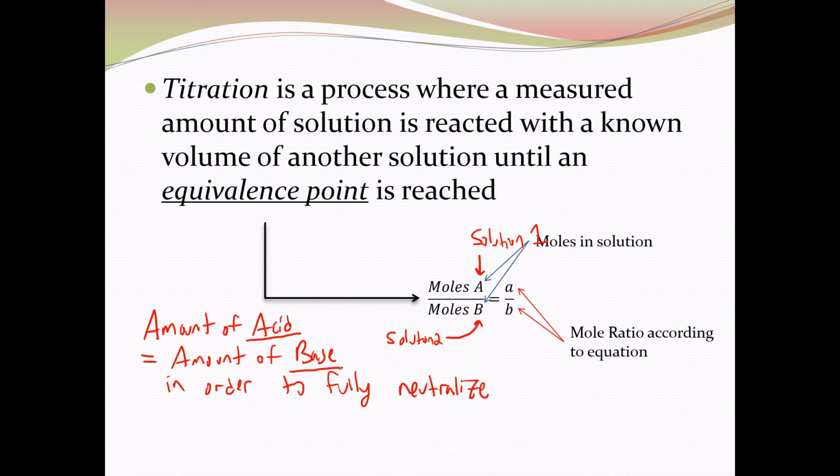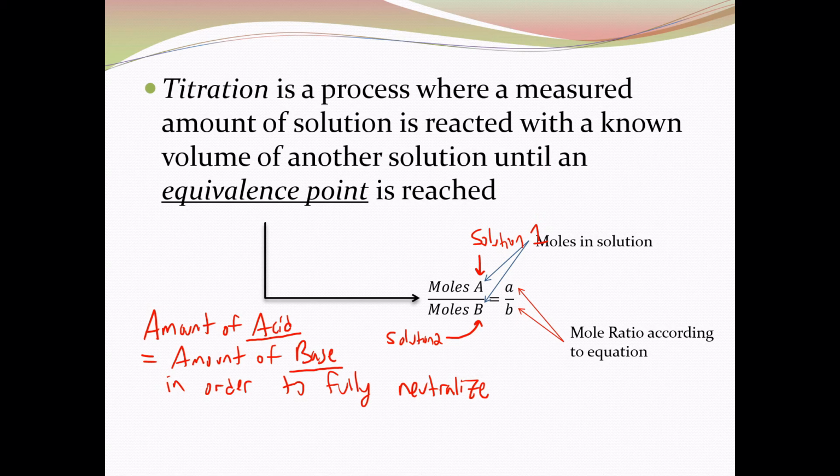If you're adding base to an acid, the equivalence point occurs when there's no more acid because you've added enough base, and vice versa if you're titrating an acid into a base: you've added enough acid to neutralize all of the base and nothing more. So that's what a titration is.